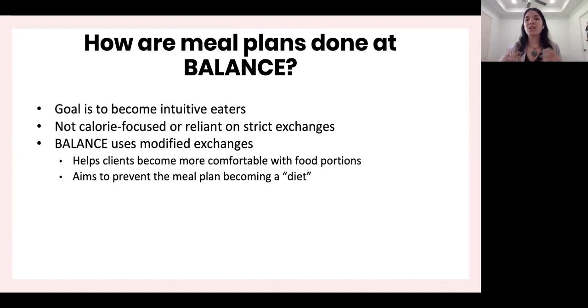We want it to be more natural and be able to look at your plate and say, this will be enough. Or if it's not, once you're done, you can serve yourself more, or whatever that might look like. So we want our clients to be comfortable with portions.